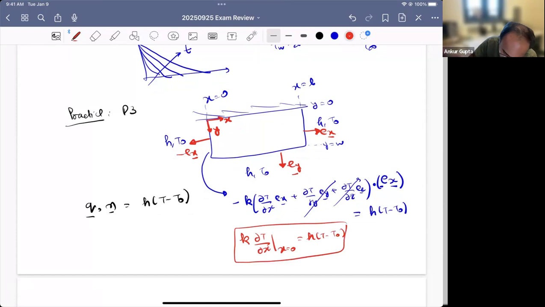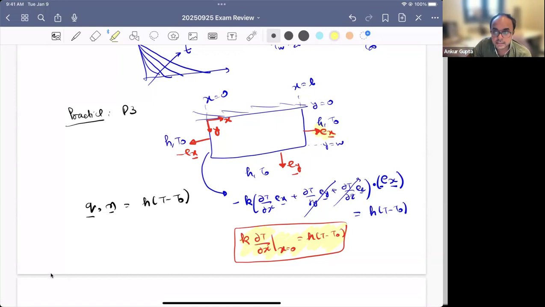So that's the first point. On the right hand boundary it'll be the same thing, but with a negative sign remaining, because my normal is not minus EX, it's plus EX.